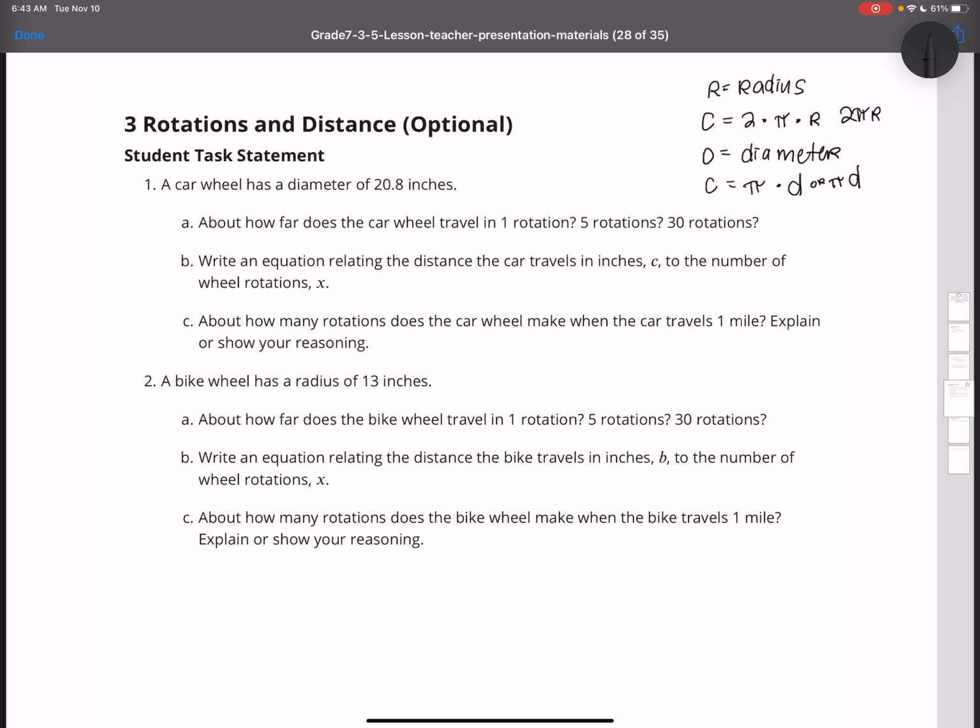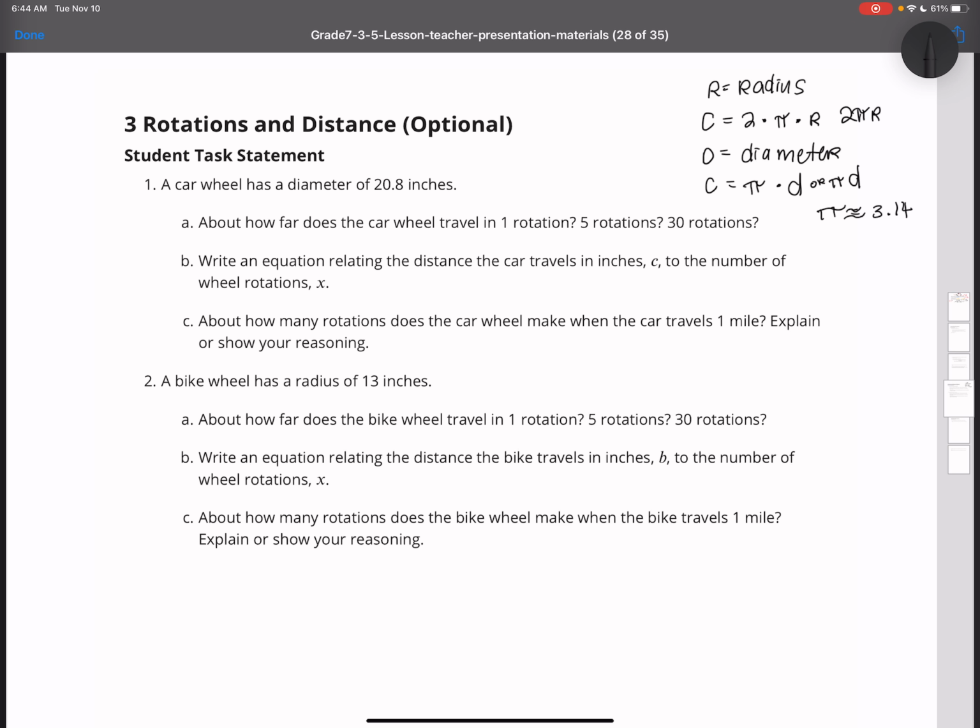And the last thing I want to annotate is pi is equal to about 3.14. Okay, so it says a wheel has a diameter of 20.8 inches.